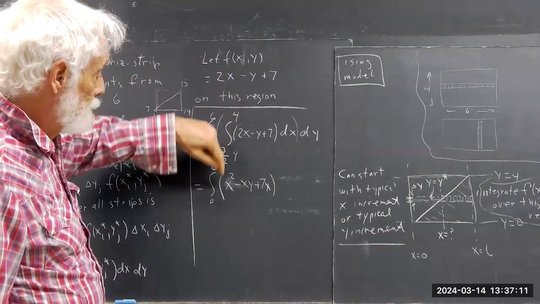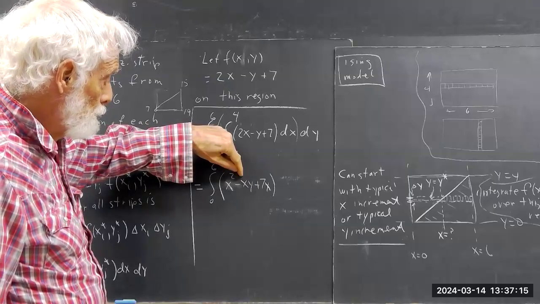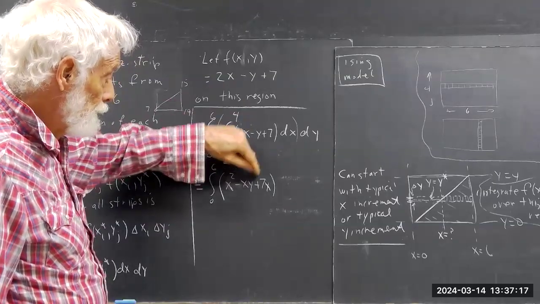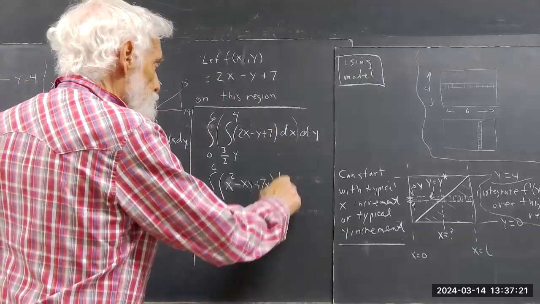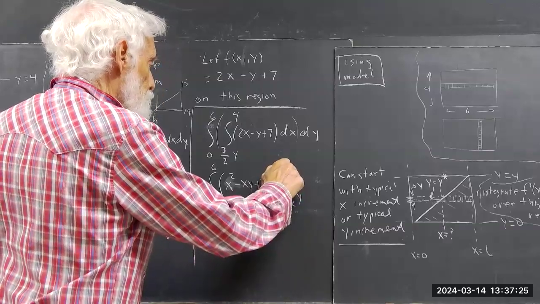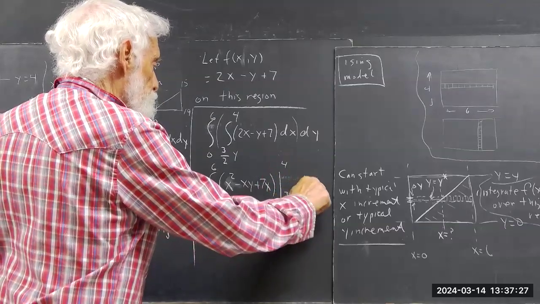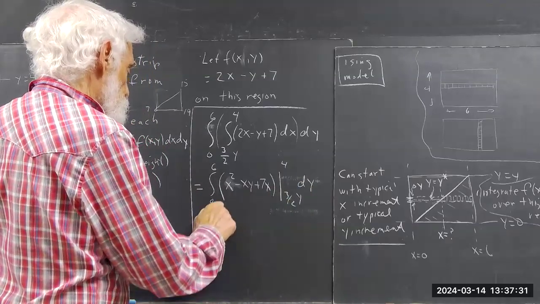So derivative of x squared would be 2x, derivative of xy would be y, derivative of 7x would be 7, derivative with respect to x. And then this is evaluated from 3 down to y, 4. And when we finish that, then we go ahead and integrate with respect to y.